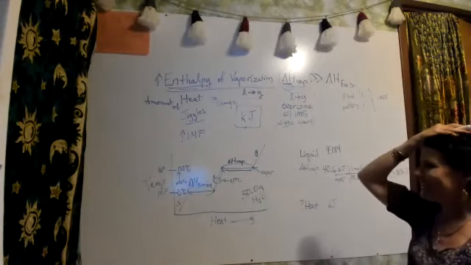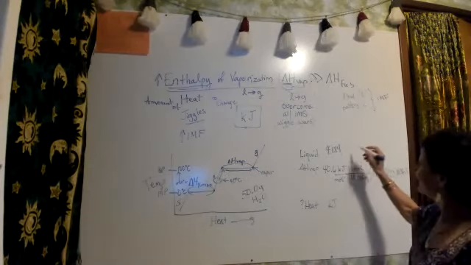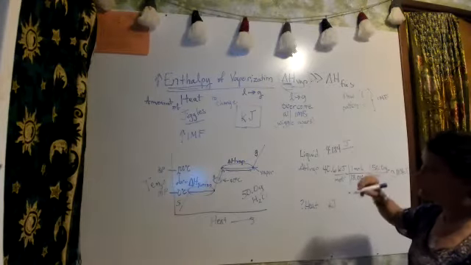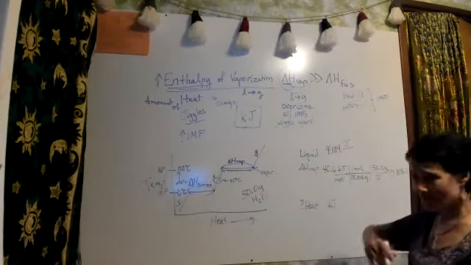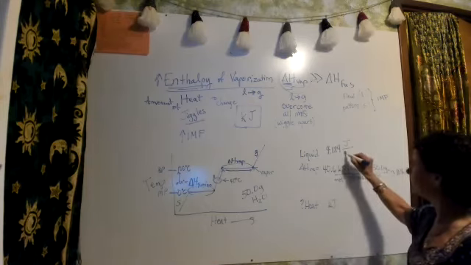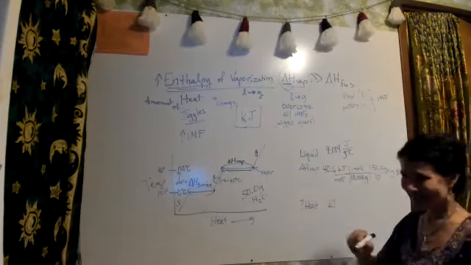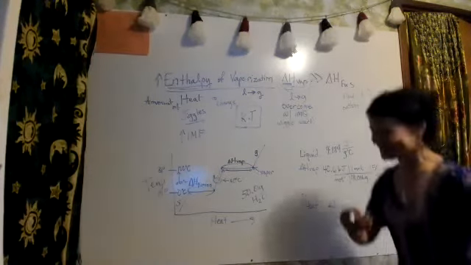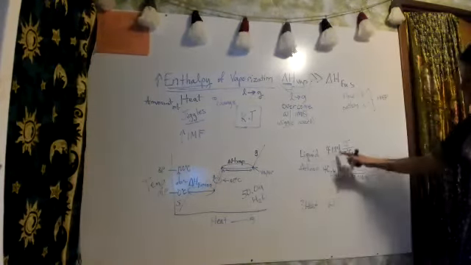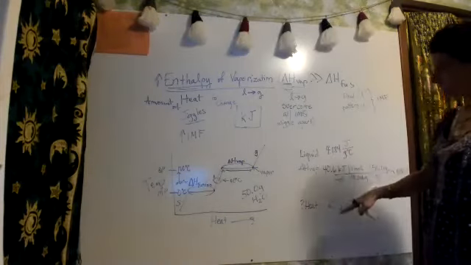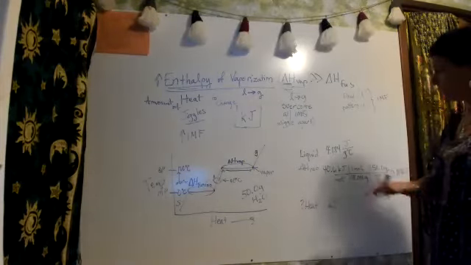Do you remember the units? It's joules per gram Kelvin, or we're going to leave the Kelvin out for right now. We're going to talk about Kelvin next week, because when we do gas laws, that's the purpose of Kelvin. But this is the number, this would be given to you if it was anything other than water.